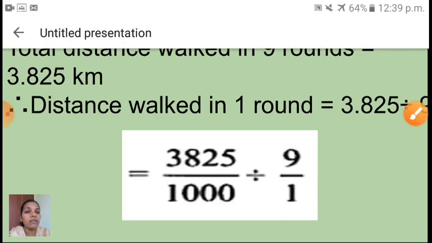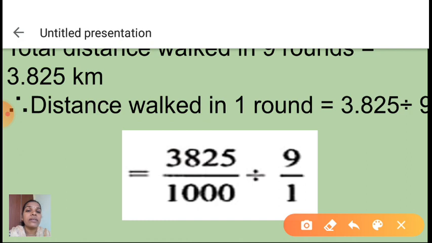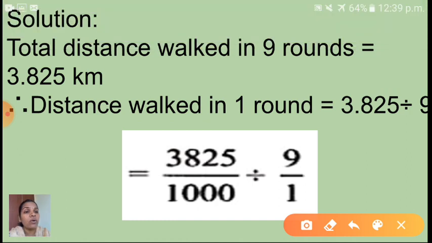See here children, I have given her statement, that is total distance walked in 9 rounds, that is 3.825 kilometer. So how much distance walked in one round? That is 3.825 divided by 9. Okay, so see here children, this decimal fraction you have to convert into a common fraction.